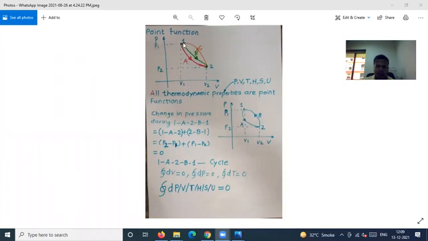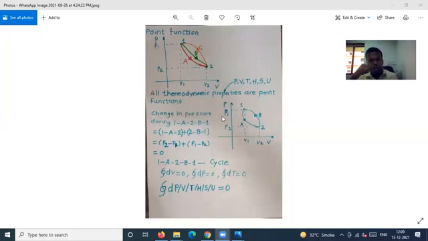From point number 1, I need to reach point number 2, the final state, where pressure is P2 and volume is V2.